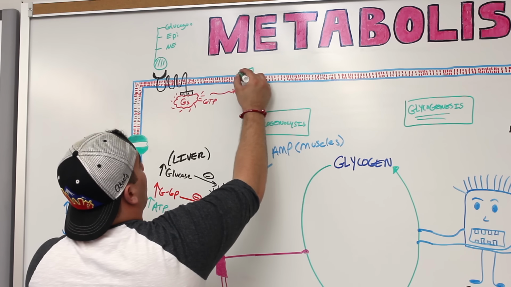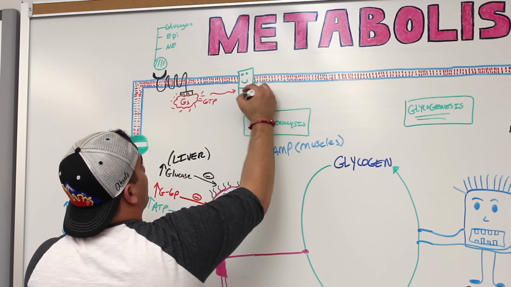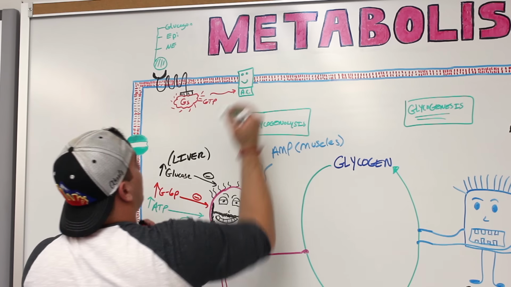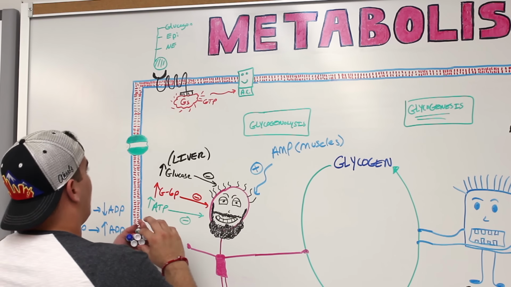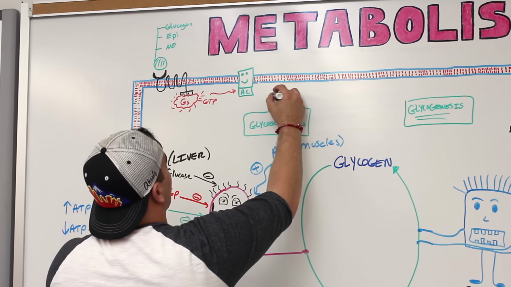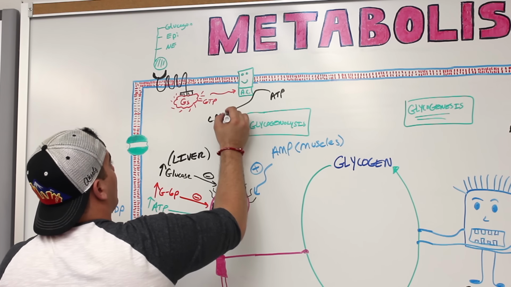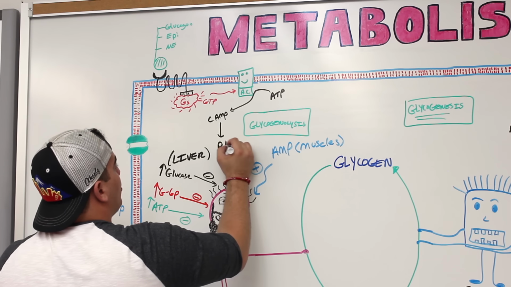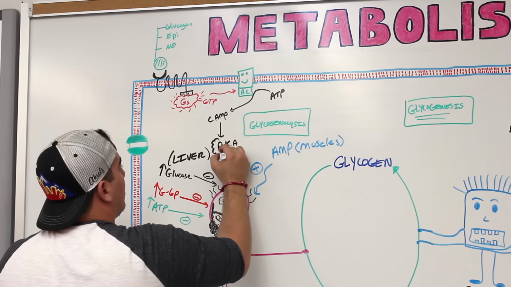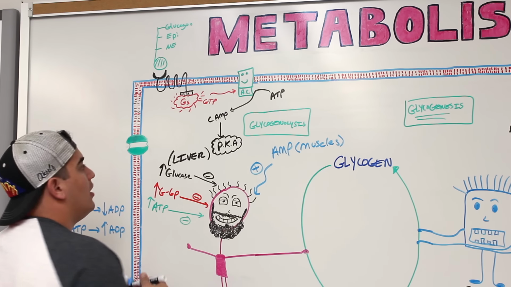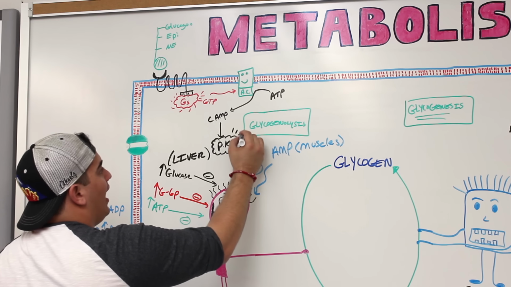Let's say here is our effector enzyme. You guys already know this enzyme. This is called adenylate cyclase. What does this enzyme do? It takes ATP and converts it into cyclic AMP. And then cyclic AMP activates protein kinase A. Okay. So we'll come back to this protein kinase A in a second.